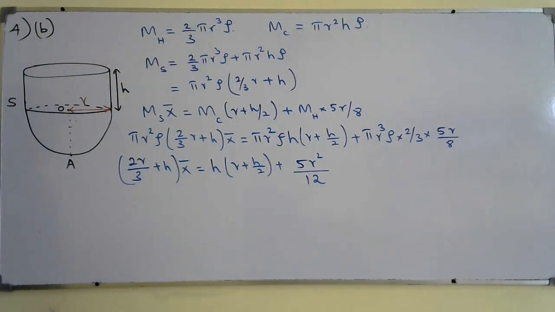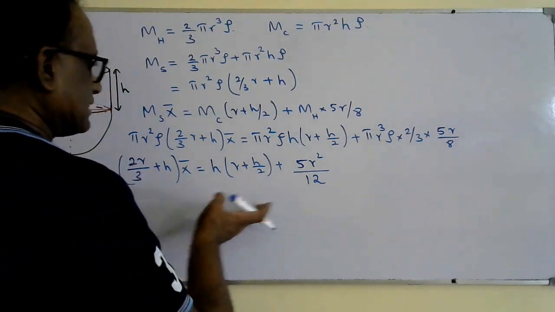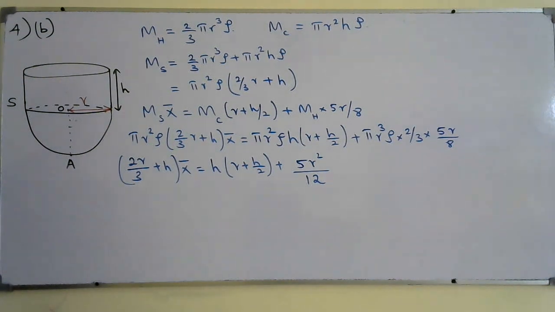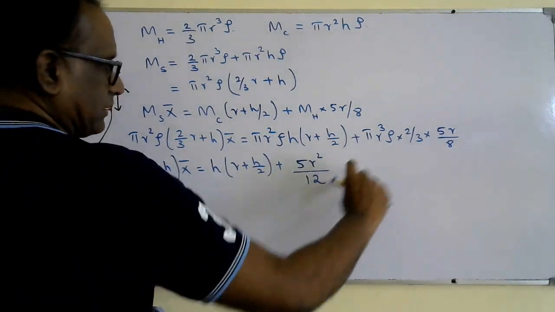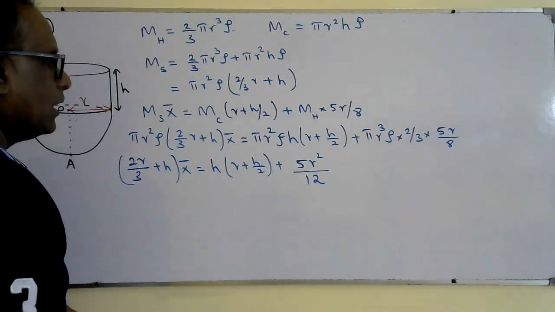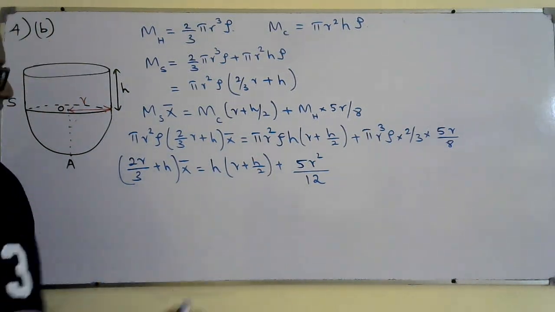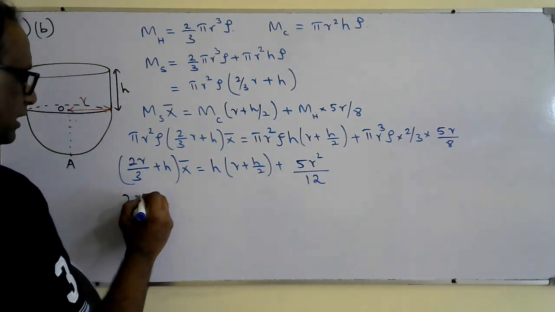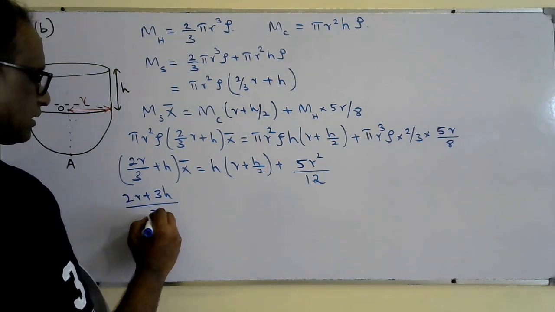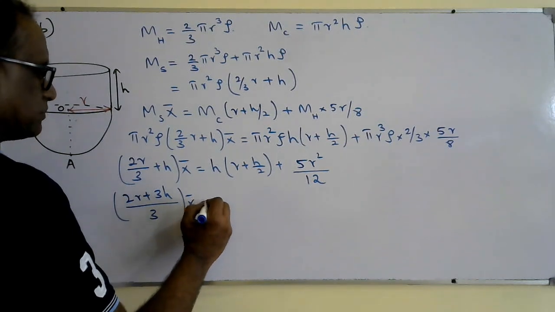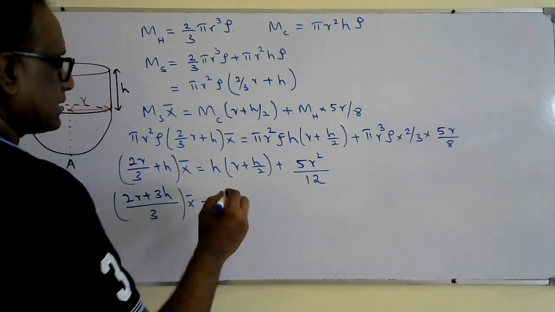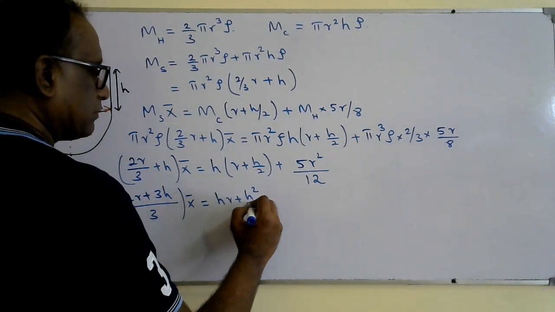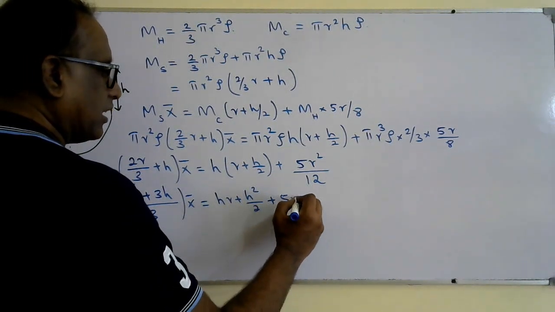Okay, so we'll multiply the whole equation by 12, or we can take the LCM here. That's easy, no? If you multiply the whole equation by 12, then this 12 is easy to solve. You can solve this here: 2r plus 3h over 3, x bar, equals hr plus h squared by 2 plus 5r squared over 12.